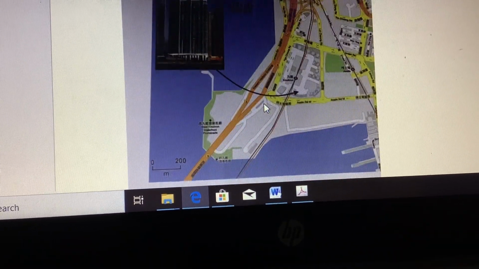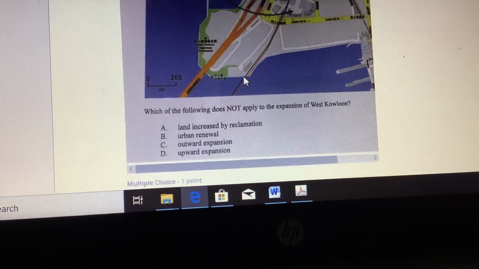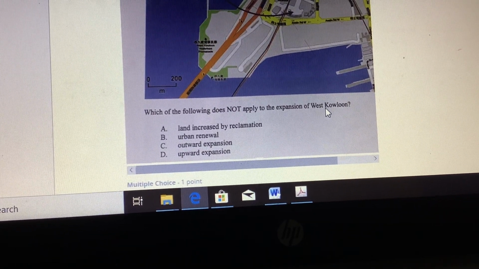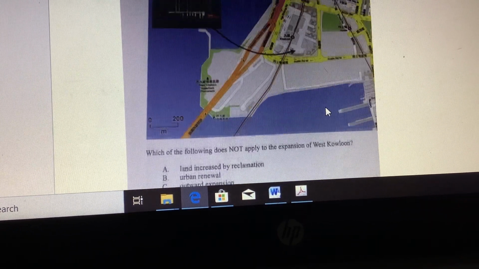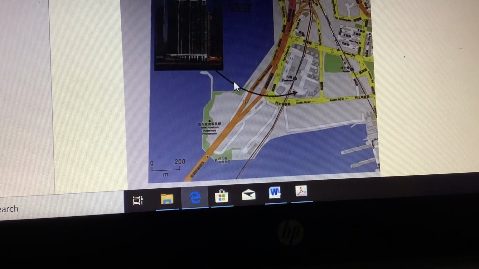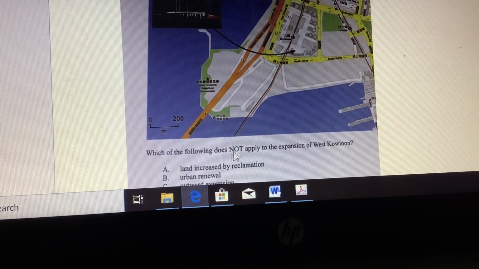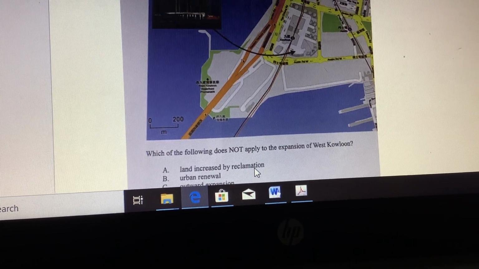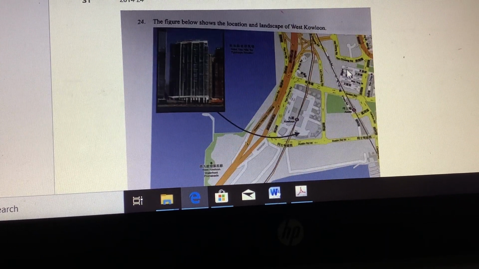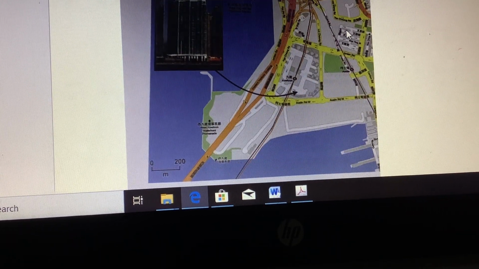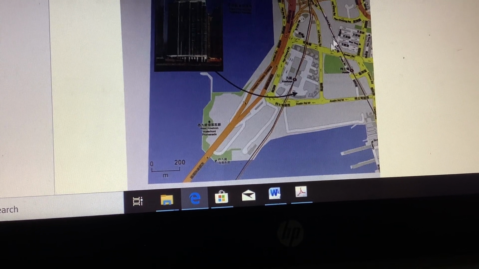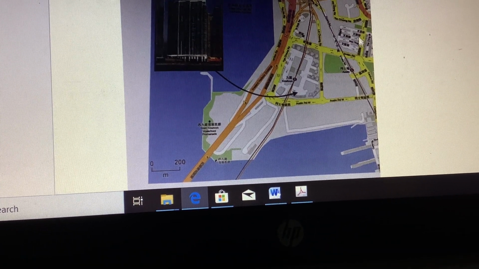Okay. So right here, this one: which of the following are not applied to the expansion of West Kowloon? Land increased by reclamation, and you can see this one is not a natural shoreline. So this should be caused by reclamation. And right here, you can find a lot of old streets, inner city area. When you pass through here, you may see a lot of old inner city area.